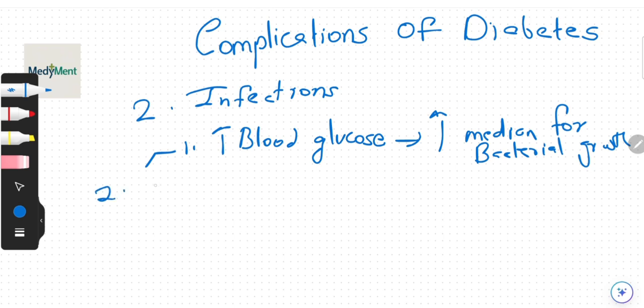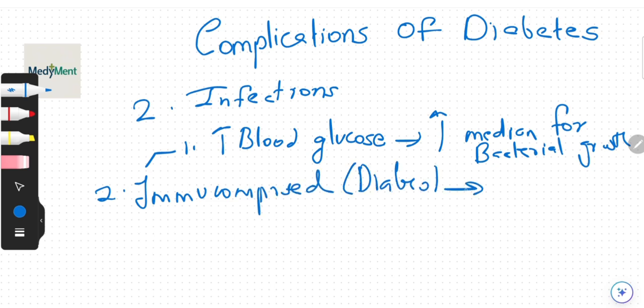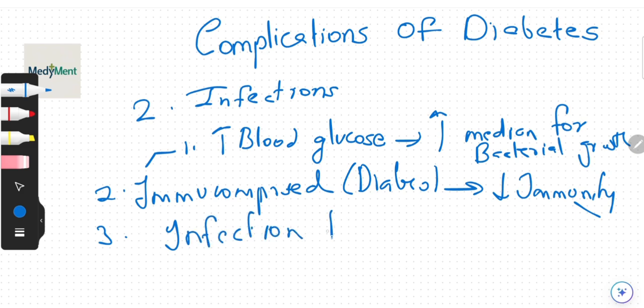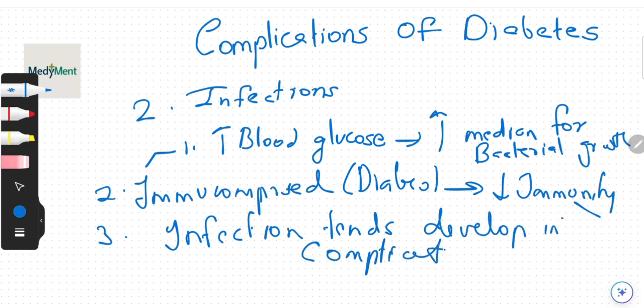Second point, a diabetic patient is immunocompromised, with decreased immunity. The third point is infections tend to develop in complications of DM.